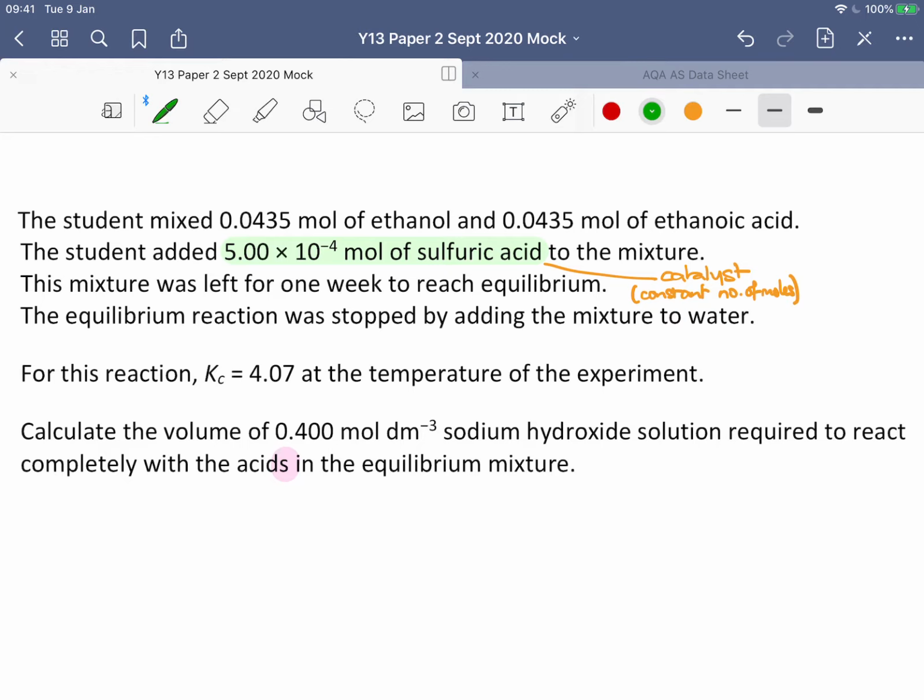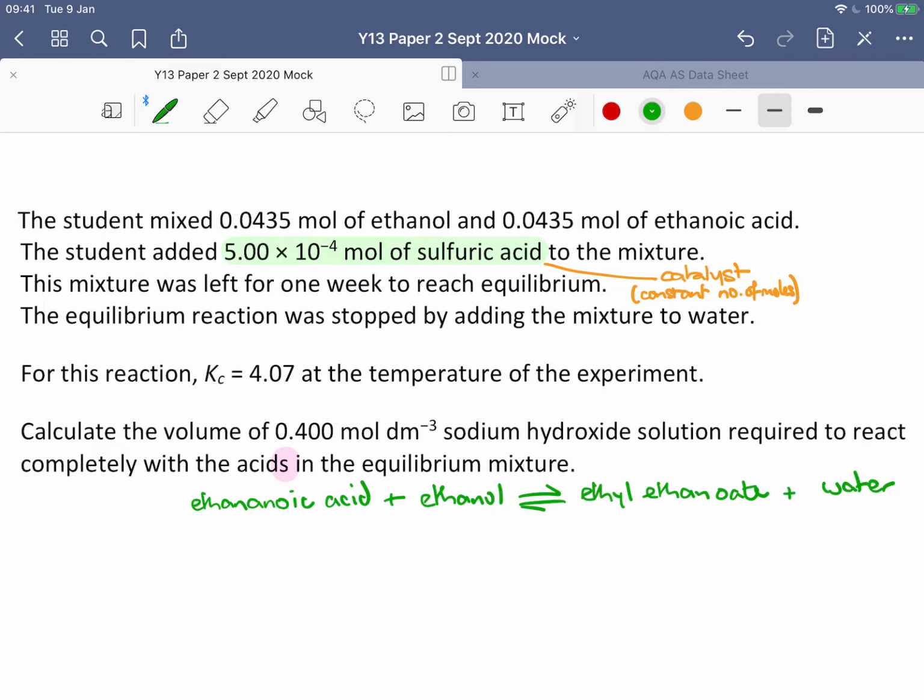So let's write the equilibrium equation. So it was ethanoic acid plus ethanol goes to ester, ethyl ethanoate, plus water.